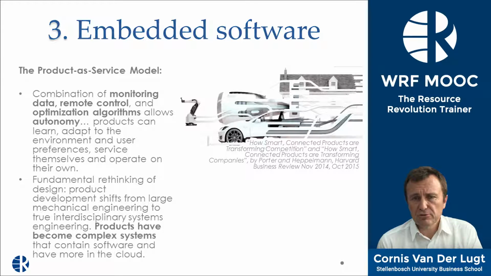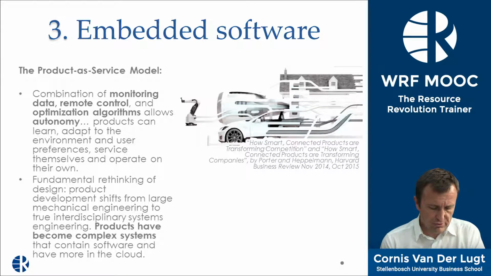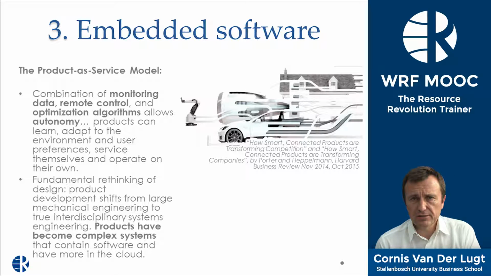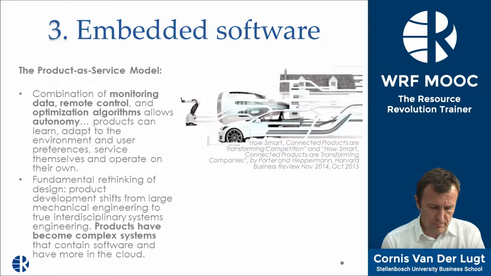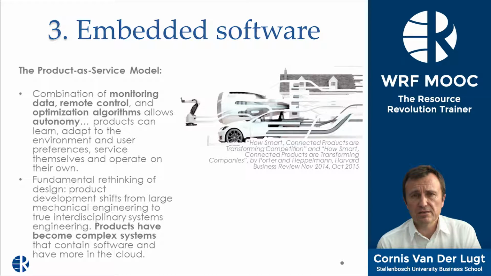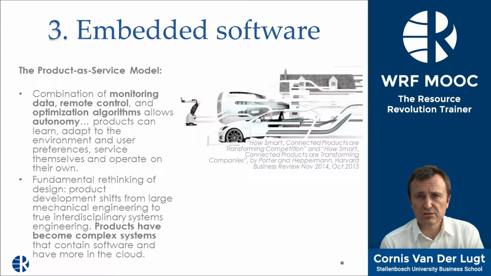This is a model described by Michael Porter and his colleagues in this recent article from the Harvard Business Review. They highlight the fact that products are becoming complex systems with embedded software and more offered thanks to the cloud. They, among others, quote the CEO of General Electric, who said that every industrial company today should really become a software company.